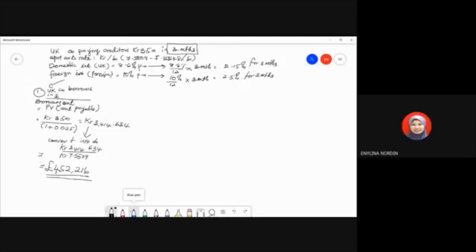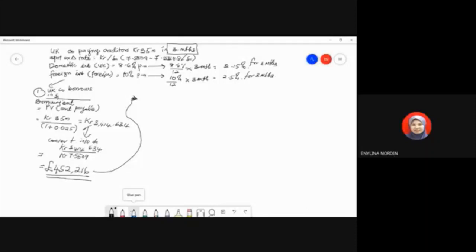Okay, so in the second step, what do they have to do with the amount they borrowed? They go to the bank and borrow the 452,216 pounds. They go to the bank and borrow this amount. This amount is actually equivalent to this amount.